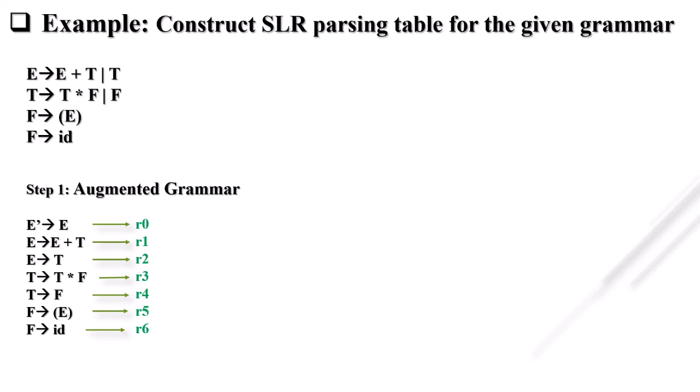E tends to E plus T, or T tends to T into F, or F tends to in the bracket E, and F tends to ID. It may be possible that the OR symbol will be there and ID will be written here. It may be possible, you can write separately. Okay, suppose this is our grammar and we have to construct the SLR parsing table and parse the string.